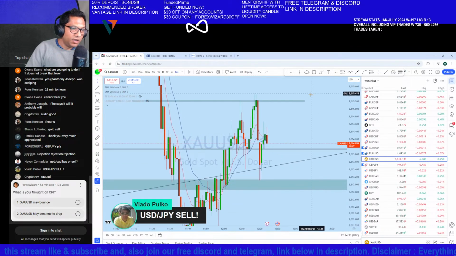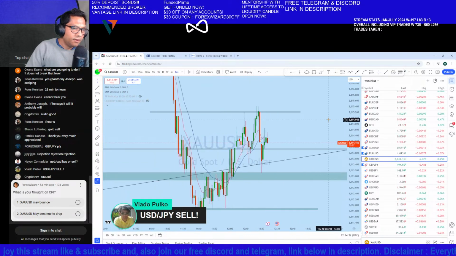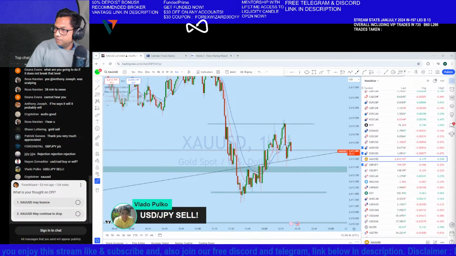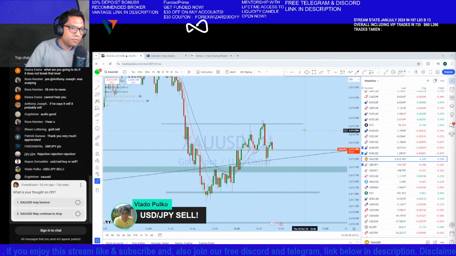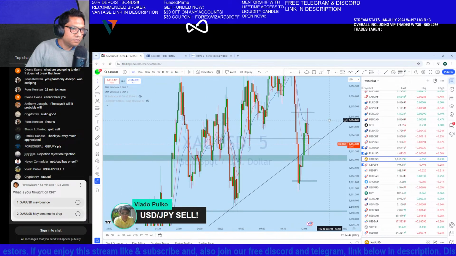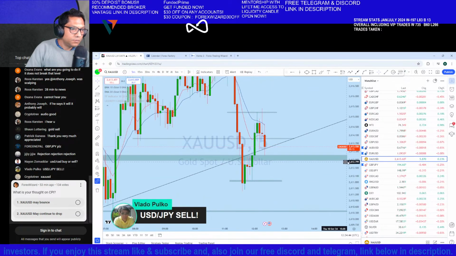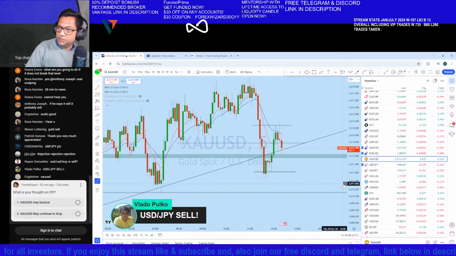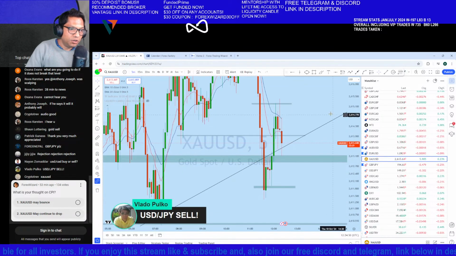It's potentially forming a head and shoulders, but I expected it to bounce. We can see it's potentially breaking below.